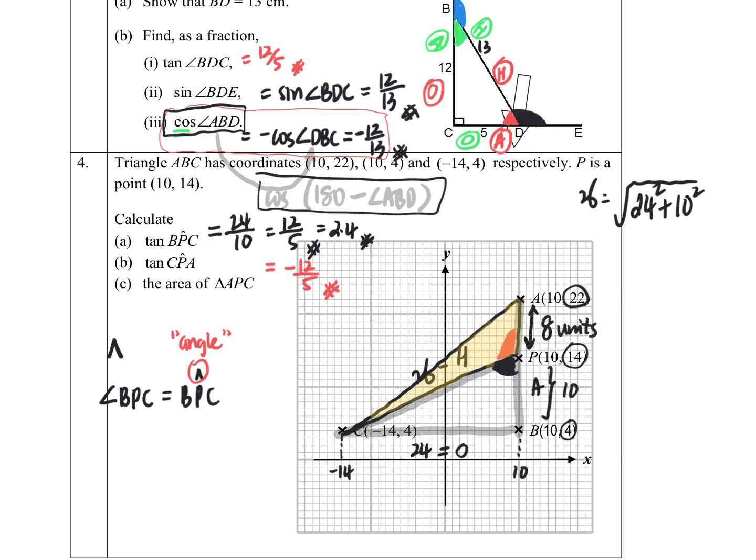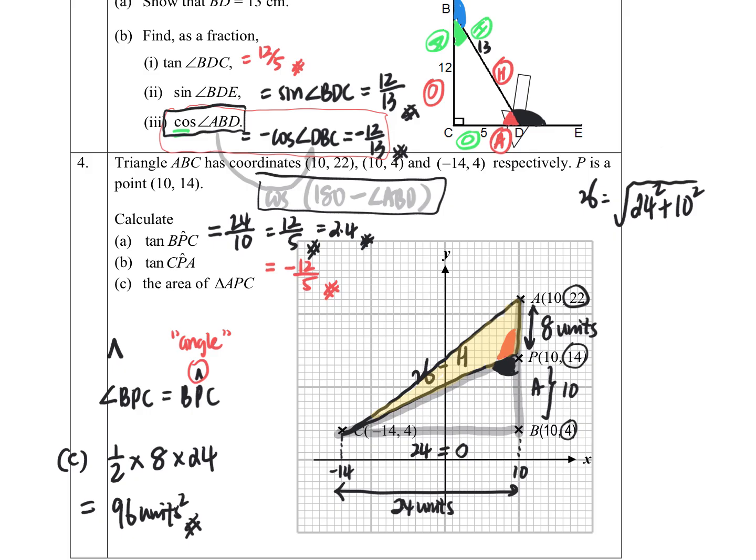And then the perpendicular height is here, 24 units. So you just give me your half times base times height. When it's on the grid, it's always very easy. So it's 96 units square. Okay? So this is part C.